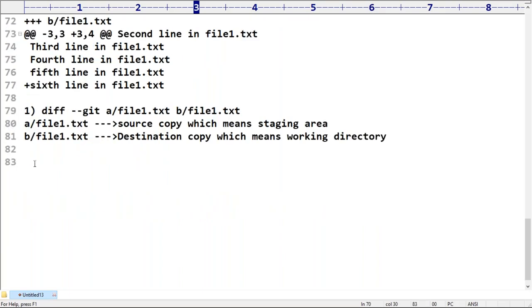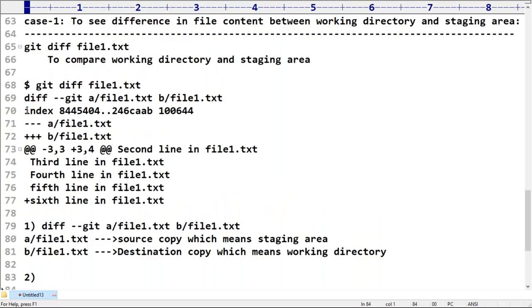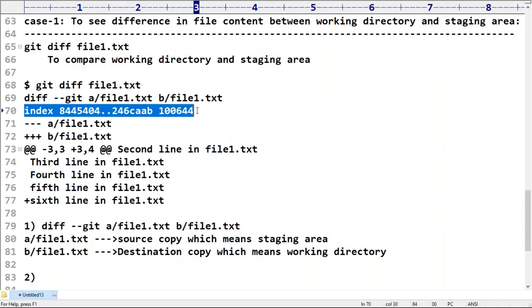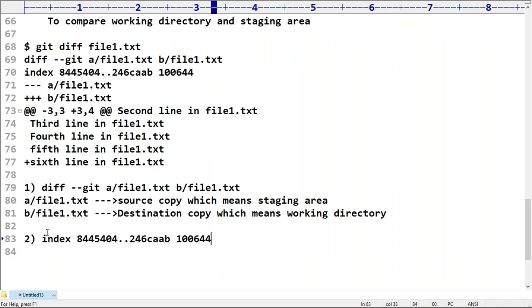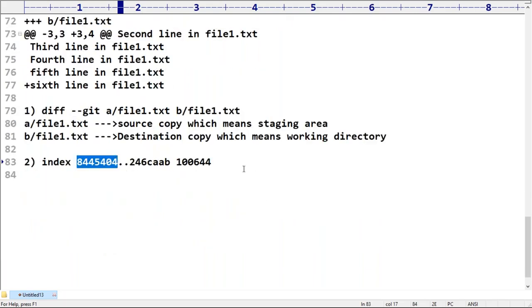The second line is very important, sir. Here, just observe that index. What is the meaning of this one, sir? It's very simple. The file content internally will be stored in the form of hash.